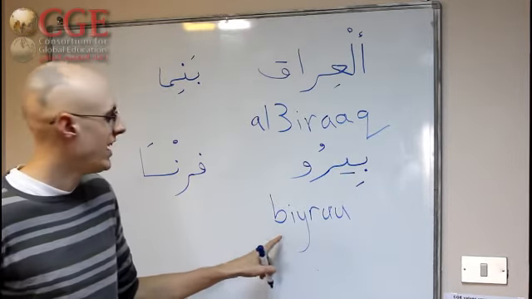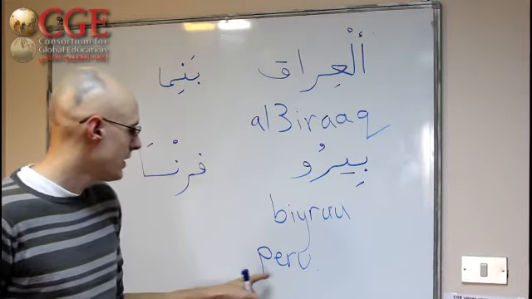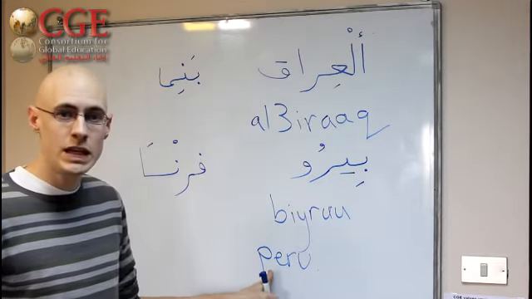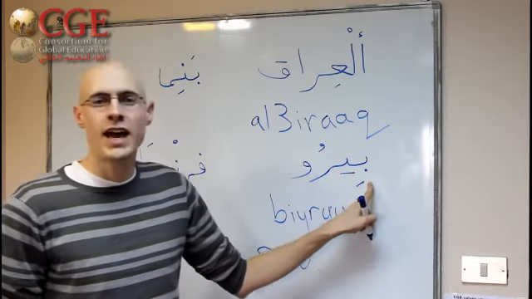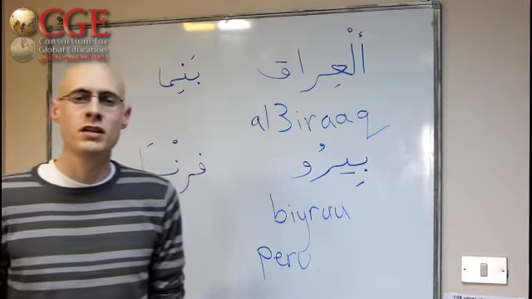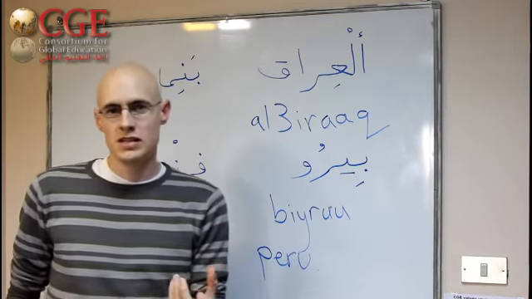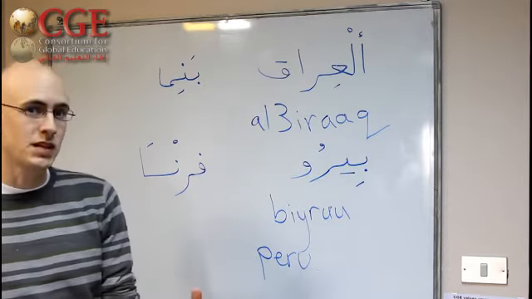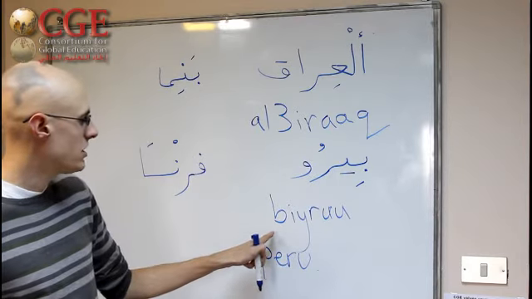And this is the equivalent of Peru. Arabic does not have a P, and so it will often substitute the B as the P. In fact, Arabs have a hard time hearing the difference in any case. For instance, when they say Pepsi, they say Bebsi, and they talk about pizza. So this country is Biru.